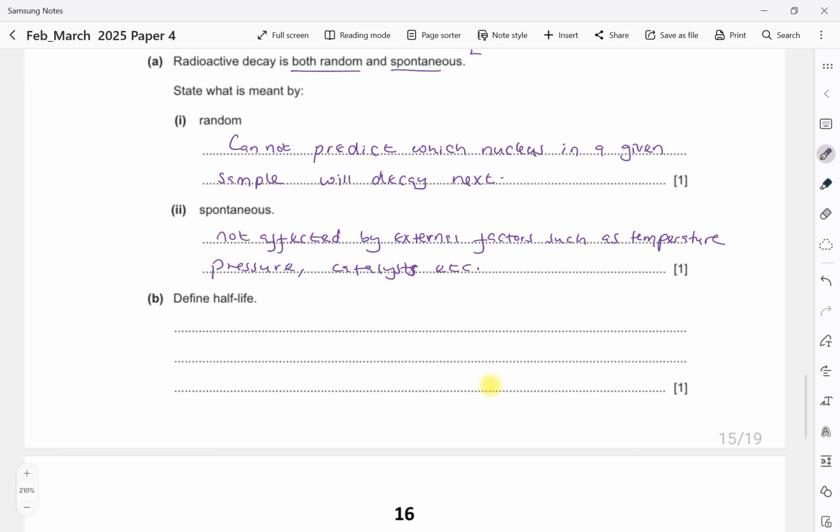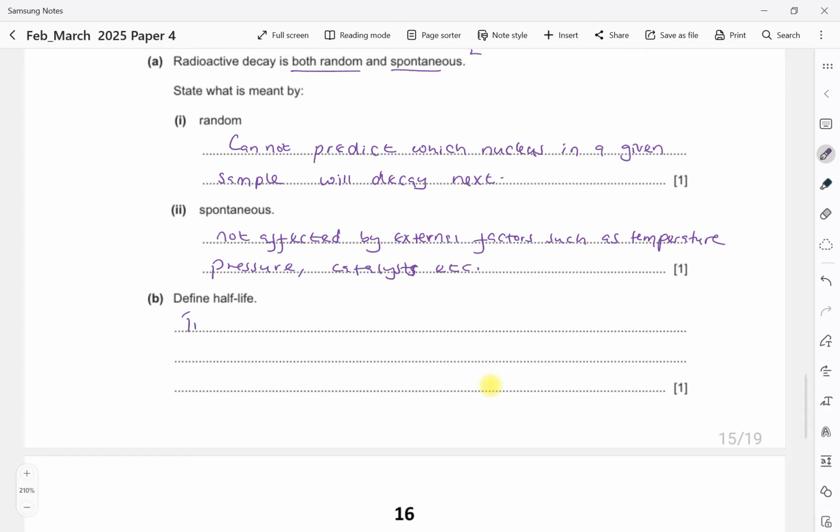Define half-life. Of course, the time taken for the activity of a given sample to reduce to half of its original value is the half-life, or the time taken for the number of undecayed nuclei in a given sample to reduce to half of its original value is what we call half-life.